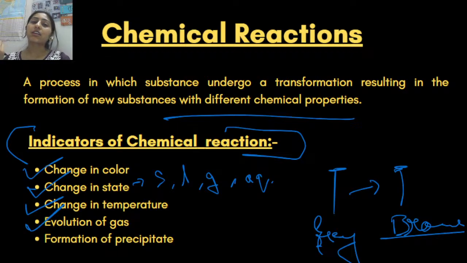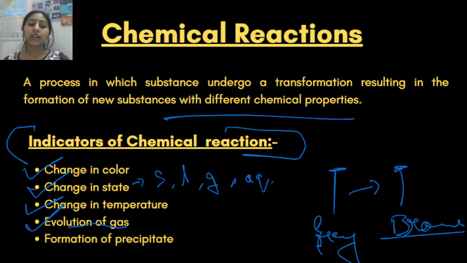When we were discussing burning of wood or burning of a candle, I already mentioned that a few gases would be released. Okay, there would be some emissions of either carbon dioxide, nitrous oxide, or carbon monoxide. So there would be an evolution of gas, and evolution of gas is an indicator of chemical reaction, right?